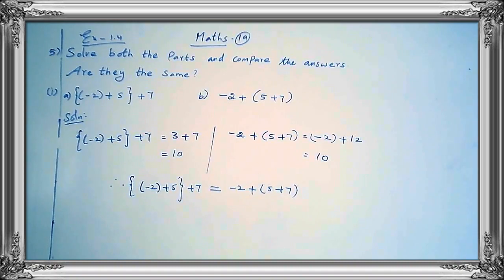Don't leave any page, continue your writing. Then write the question, fifth question: solve both the parts and compare the answers. Are they the same? In the fifth question, first one, A part is given and B part is also given. So you write the solution. Copy it in the classwork note fast. At the same time, write neatly.